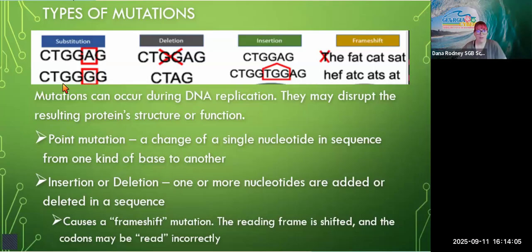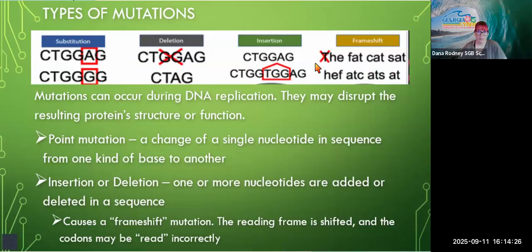So we still have three nucleotides to make up a codon, CTG, and another three to make up a codon. It's just GGG instead of GAG. An insertion or a deletion, we actually either remove letters or we add letters, which results in that frame shift mutation.